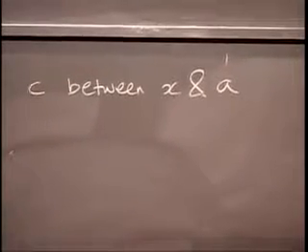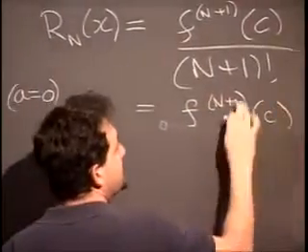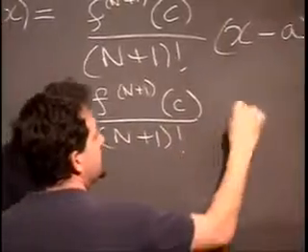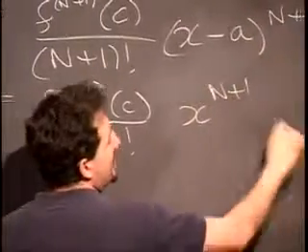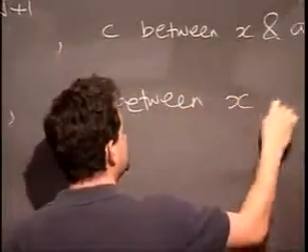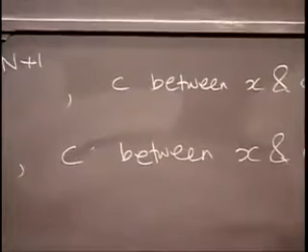Let's now first specialize to a equals 0. And so we get, again, the n plus 1th derivative at c over n plus 1 factorial times x to the n plus 1, and c is between x and 0. And finally, we know all the derivatives of e to the x are e to the x.